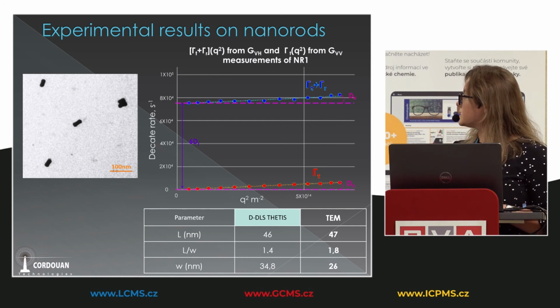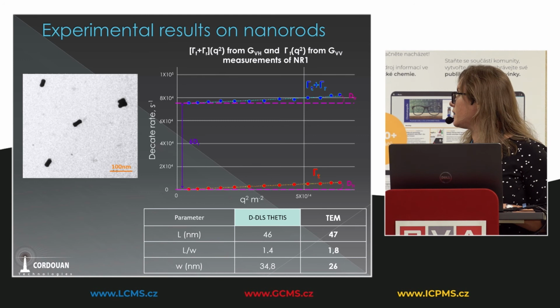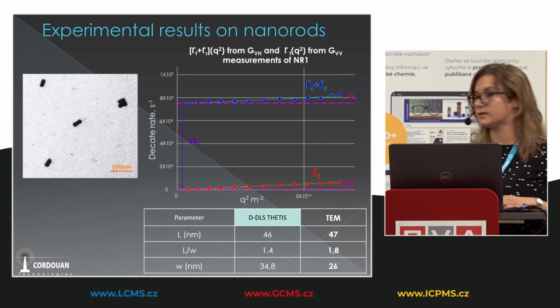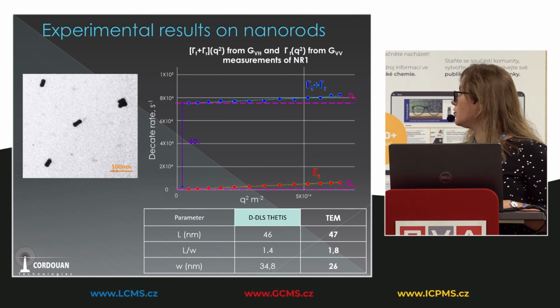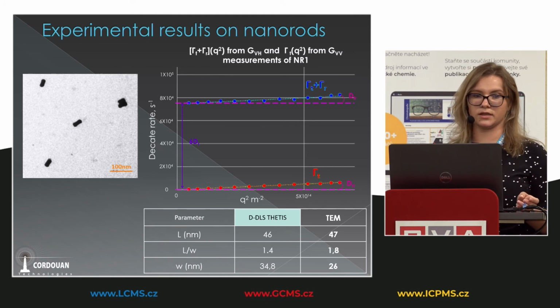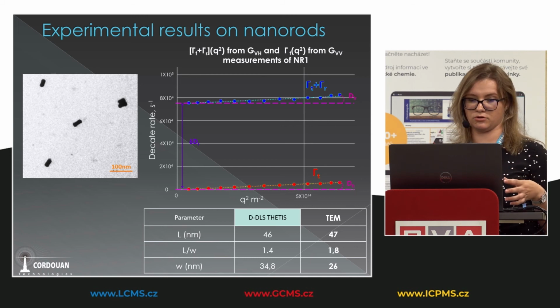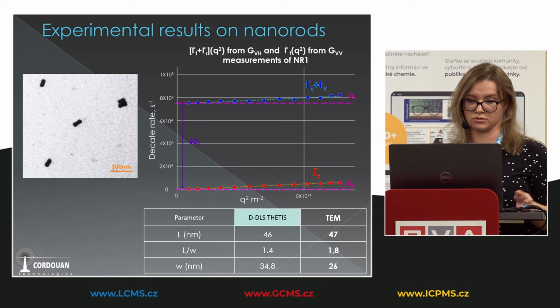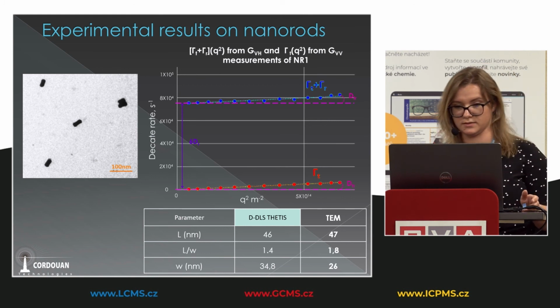For sure, it's not exactly the same because the statistics of dynamic light scattering are much higher, and the difference between electron microscopy and dynamic light scattering is that with electron microscopy, you see the bare diameter of your particle. In contrast, with dynamic light scattering, you see the hydrodynamic diameter or length, because the particle is surrounded by a cloud of counter ions, and it moves together with these counter ions. So it also takes that into account in the size.